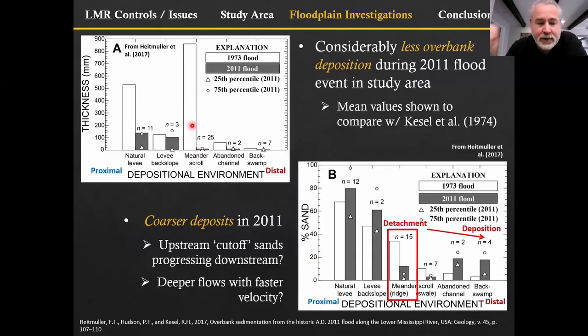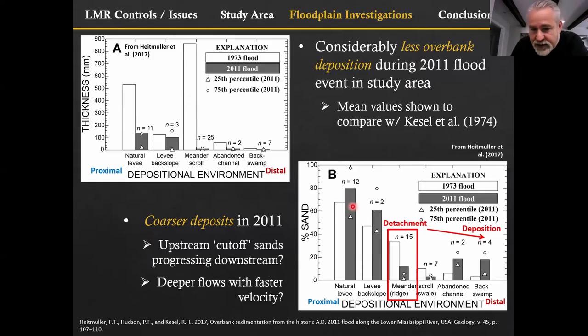We recall also that the cutoff programs upstream a few decades earlier probably contributed a lot of sand that migrated downstream in the river channel. Much of that sand was entrained by the major 1973 flood and swarmed over some of these distal environments and, of course, proximal environments, leading to the very profound thicknesses of the overbank deposits that we see.